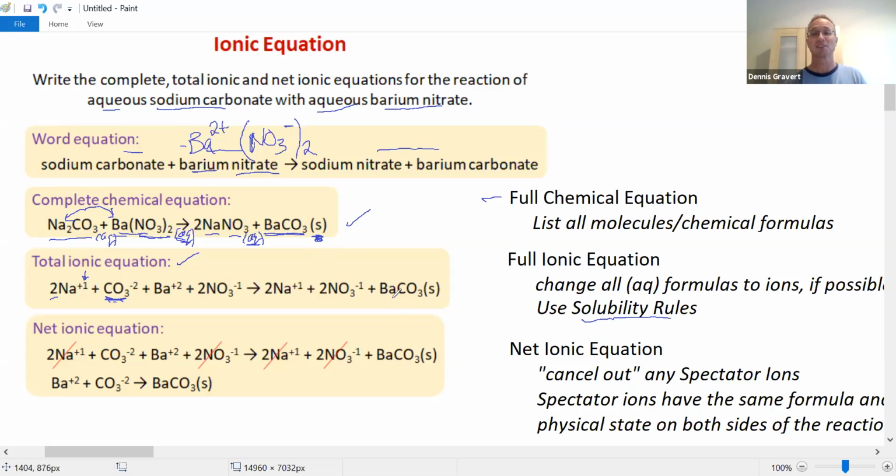And so in solution, barium and carbonate are all stuck together, forming little particles, little crystals that you can see. It's a solid. You can actually filter this out. And that's a precipitation reaction. We take aqueous reagents and make a solid or insoluble product.